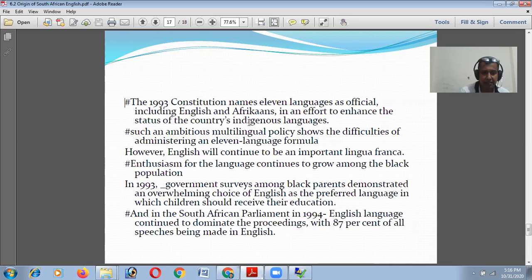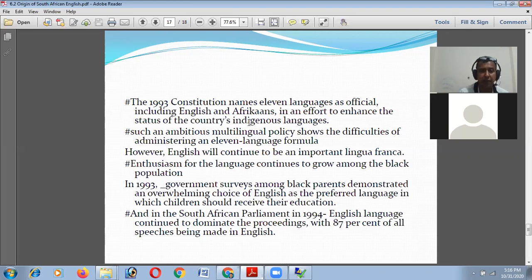In 1993, government surveys among Black parents demonstrated an overwhelming choice of English as the preferred language in which children should receive their education. So in 1993, the guardians and the students also chose English as the language of education. And in the South African Parliament in 1994, the English language continued to dominate the proceedings, with 87% of all speeches being made in English.